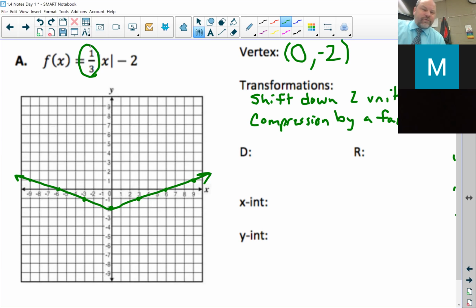So this number out front tells us the factor for the compression. If it was greater than 1, it would be a stretch.